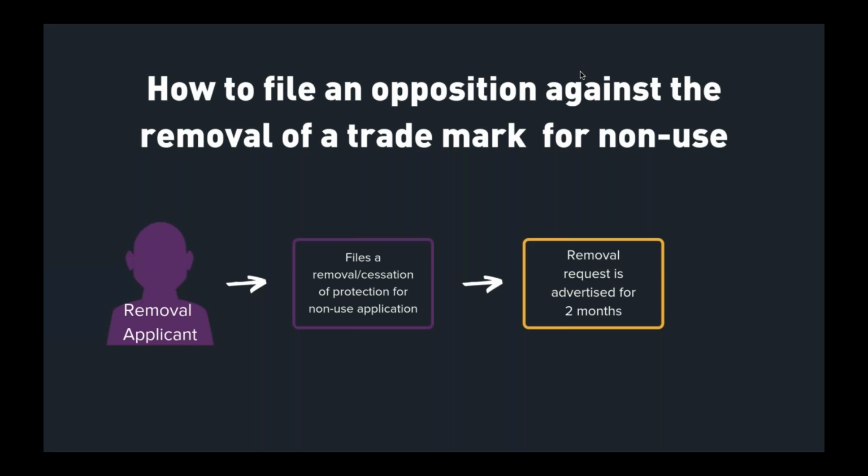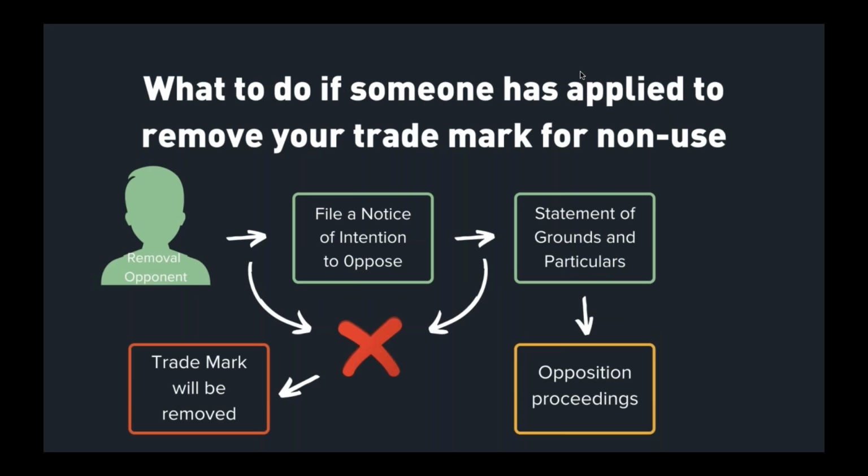Let's take a look at what you can do if you receive notification from IP Australia that your trademark registration has been advertised for removal. As we can see from the diagram, any person can apply to oppose the removal application of a trademark registration within the 2-month advertised period of the removal application.